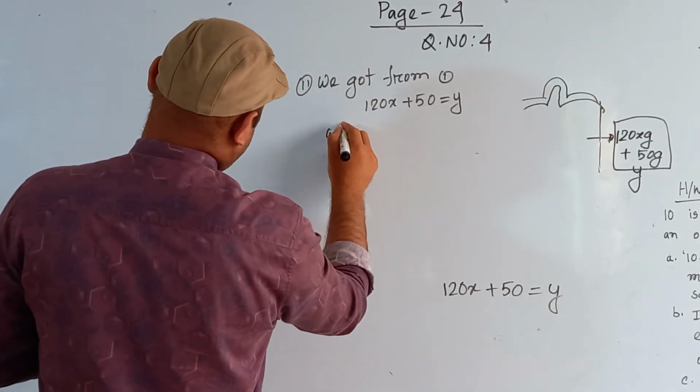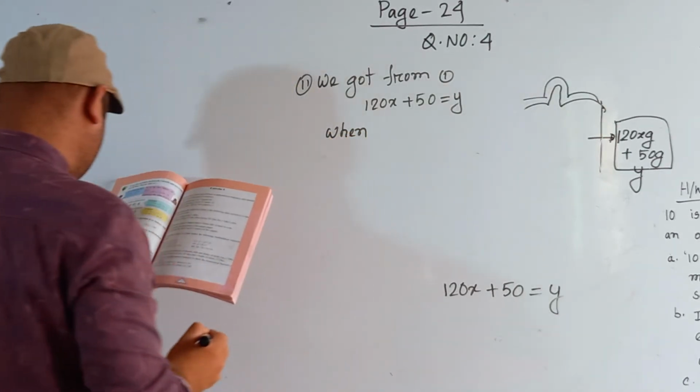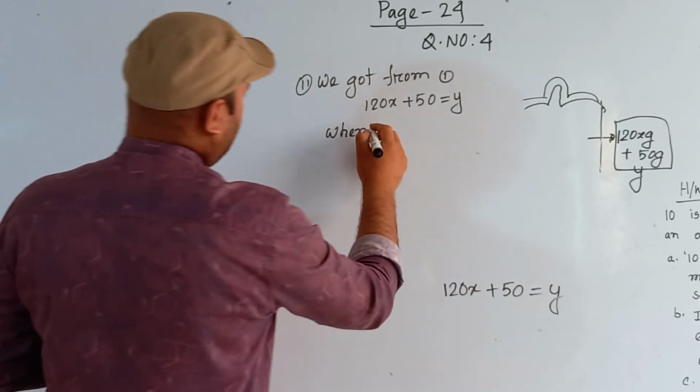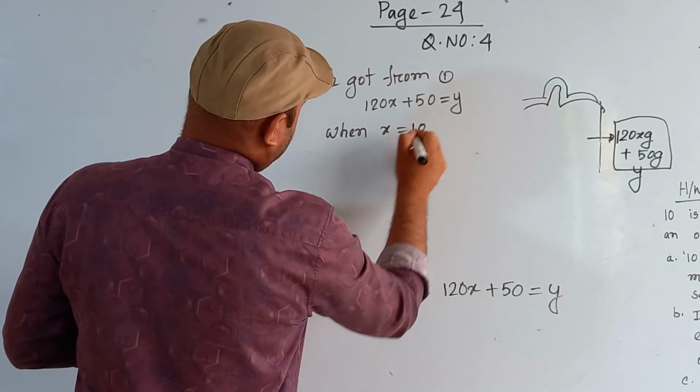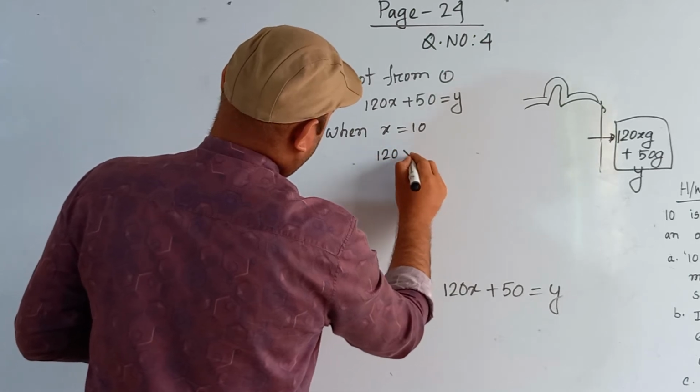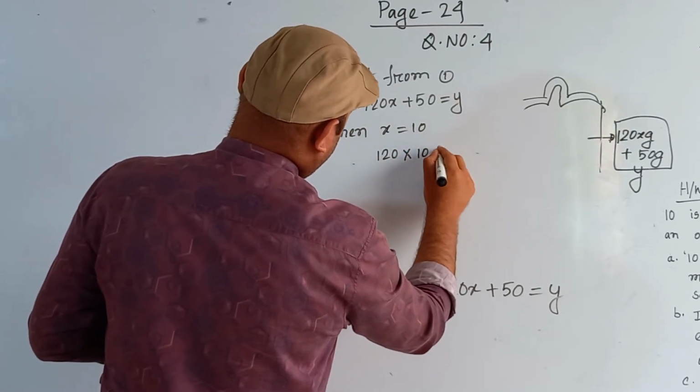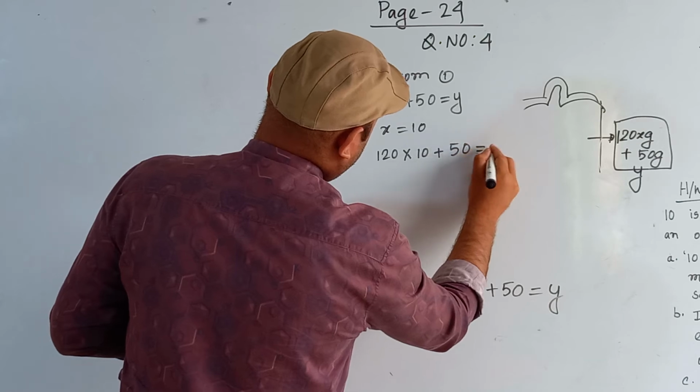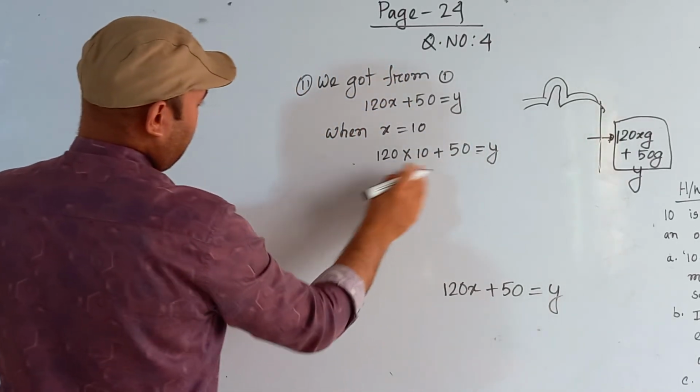When x is equal to 10, that means 120 multiplied by 10 plus 50 is equal to y.